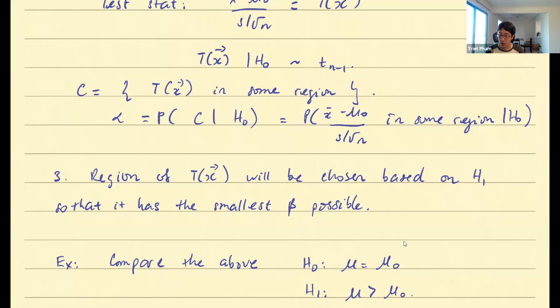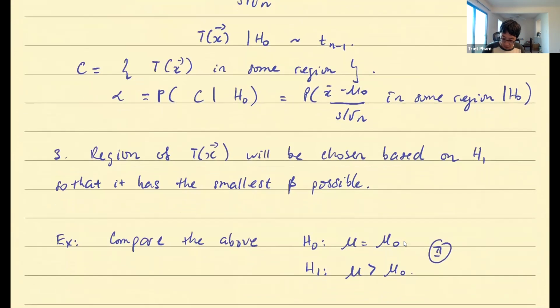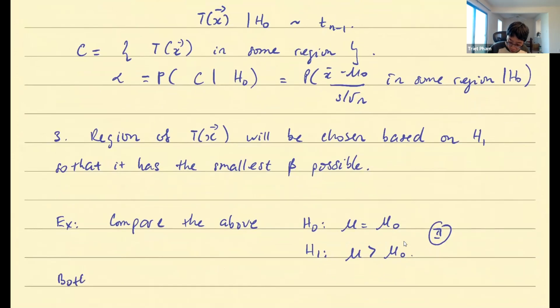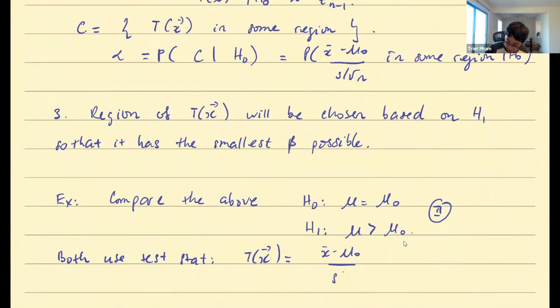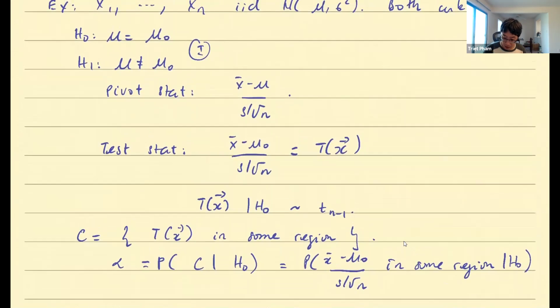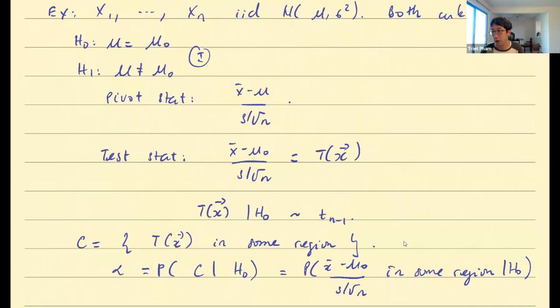So you see that both of these tests would use the test stat x bar minus mu naught divided by s over root n. Why? Because they're both tests on the mean, and they both have the simple null hypothesis like this. And let's not neglect the fact that we are in the normal population.